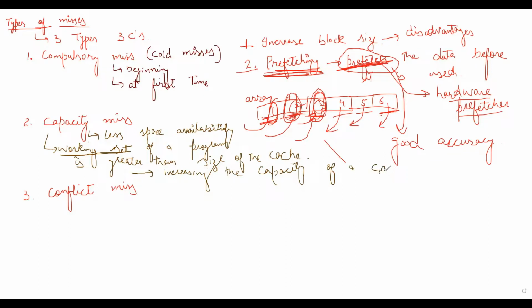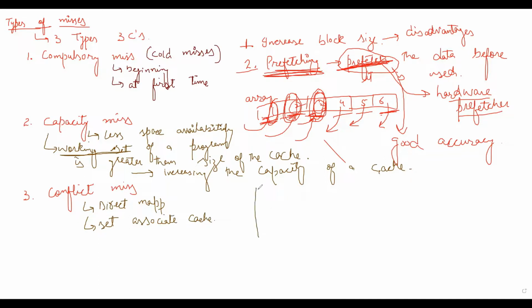So this was about the capacity miss. Now comes the conflict miss. What is a conflict miss? This type of miss occurs in direct mapped caches and set associative caches. What does it mean?